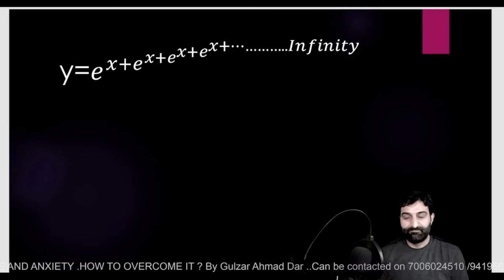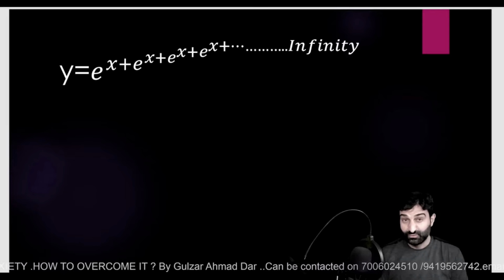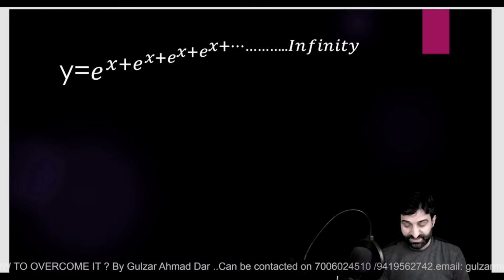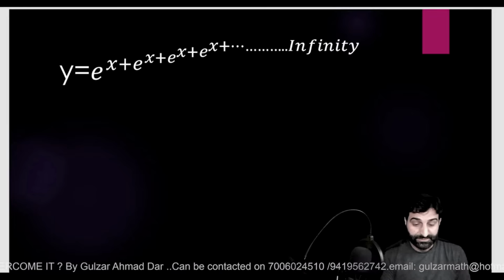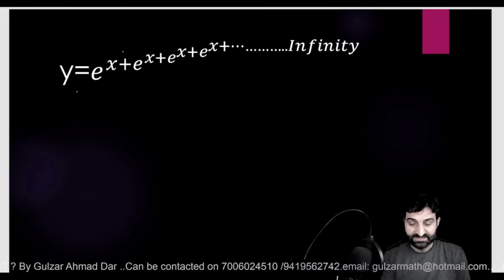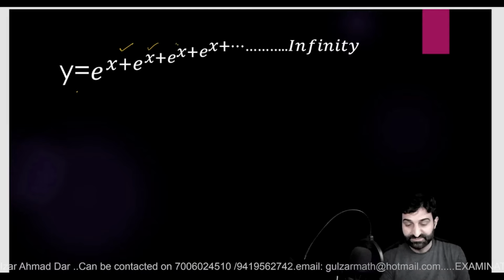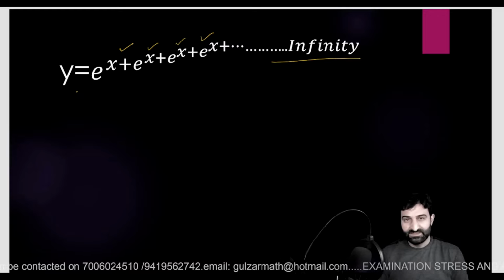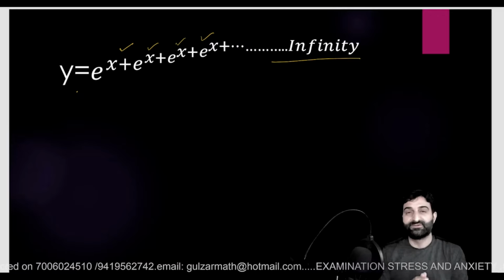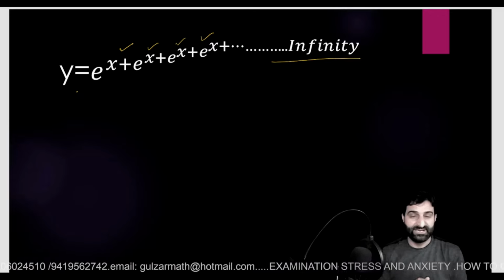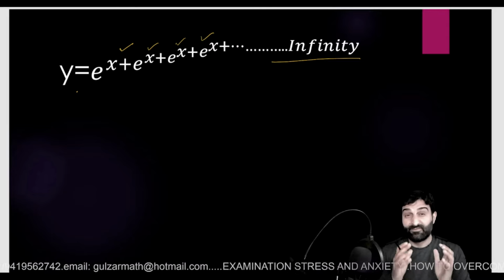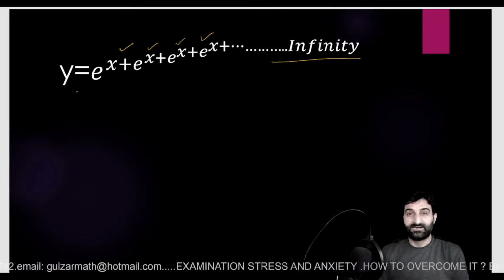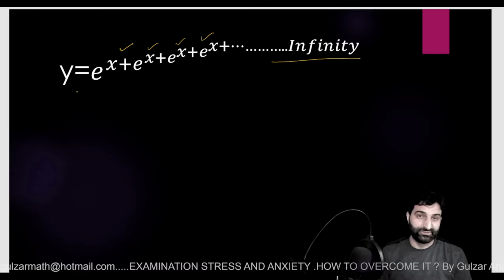It is a bit easy. If you go through the pattern of this question, we have y is equal to e raised to the power x plus e raised to the power x plus e raised to the power x plus e raised to the power x, and so on up to infinity. And you must be aware of the fact that if we subtract a finite quantity from an infinite quantity, there remains an infinite quantity.